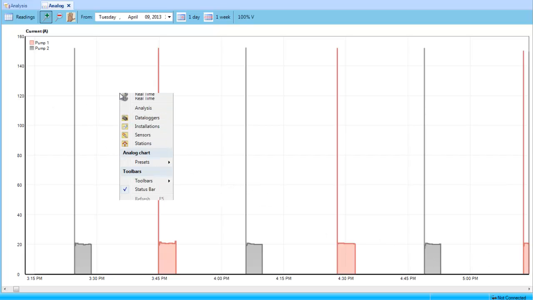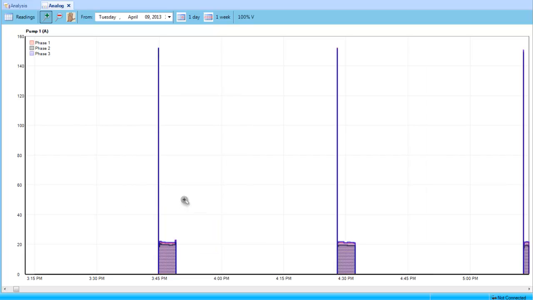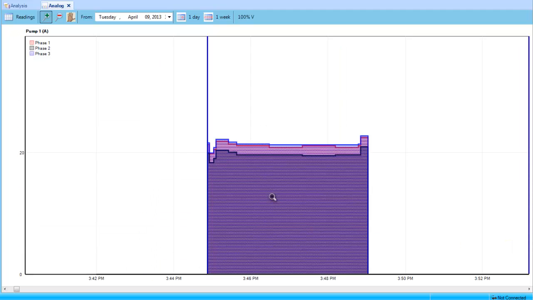Now also, when we first came on with this chart, we also saw that we were looking at motor 1. Now when you look at motor 1 and it's drilled into the same time frame, we're actually looking at all 3 phases for motor 1.